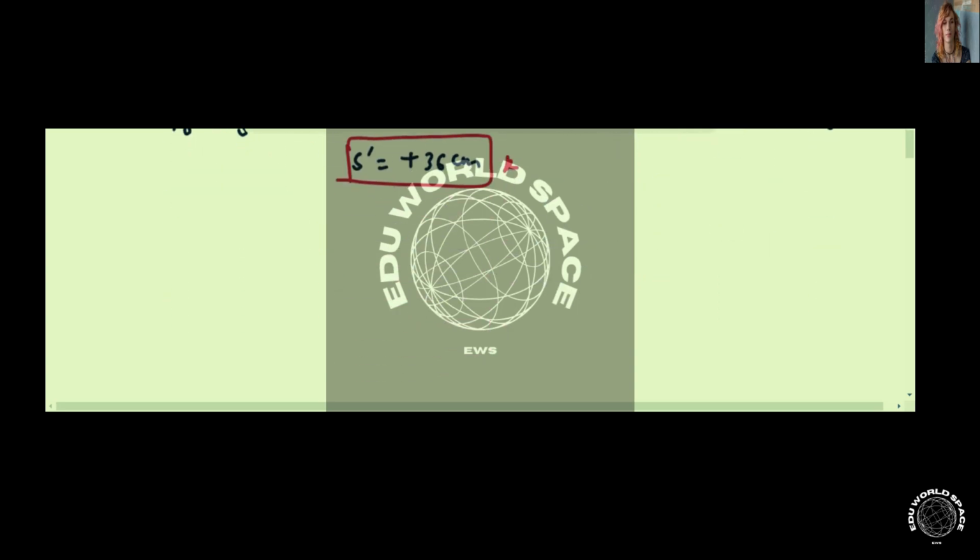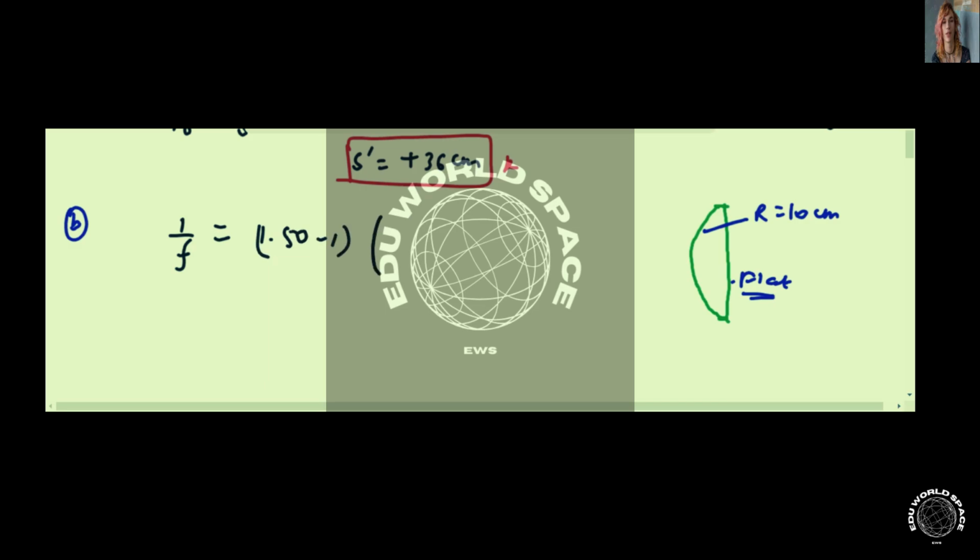Now we'll be answering part B. This is the figure for part B, where we see that the right side of the figure is flat. Now we will use the lens maker's formula again to get the focal length: 1 by f equals 1.50 minus 1, times 1 by r1, where r1 is 10 centimeters, minus 1 by r2.